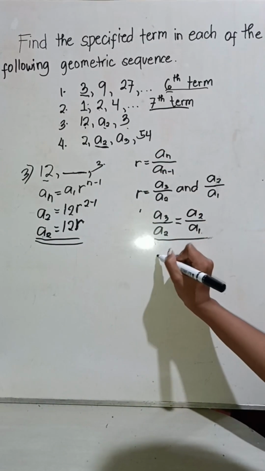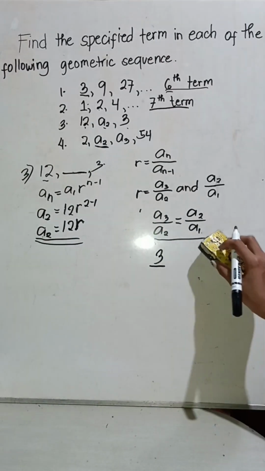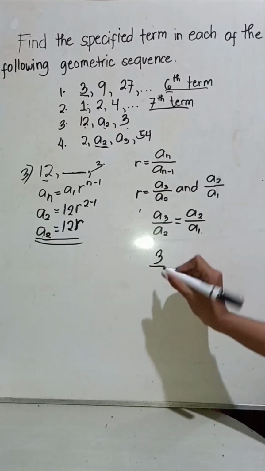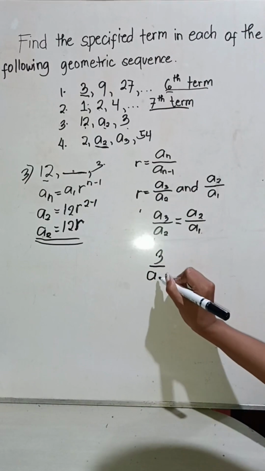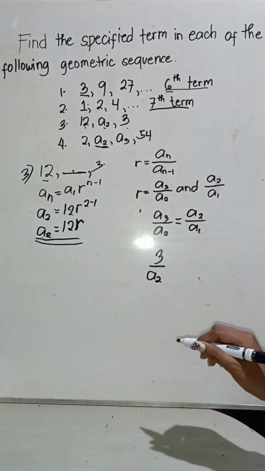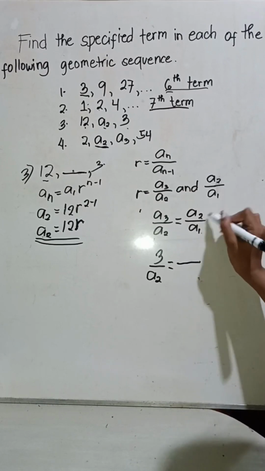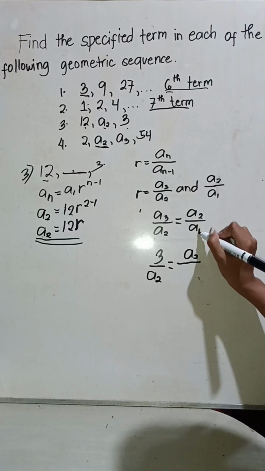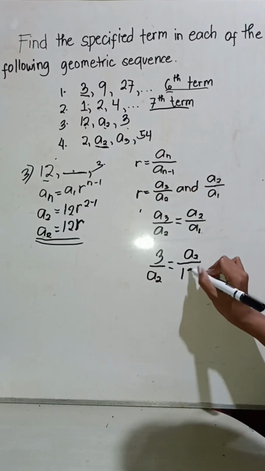So, 3 over a sub 2, kay missing man, or the second term, remain lang nato siya, is equals to a sub 2 over a sub 1, naa man tayo given, which is 12. So, ibutang nato na siya, 12.